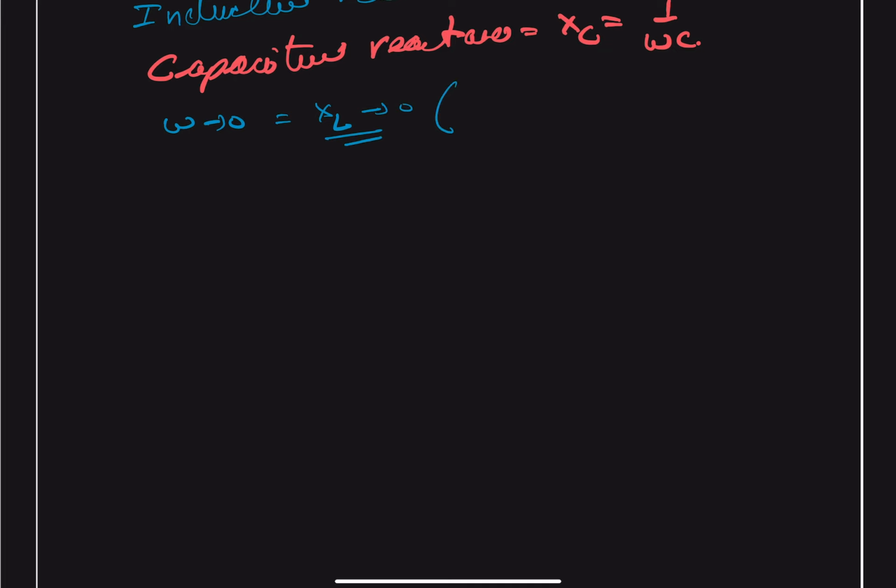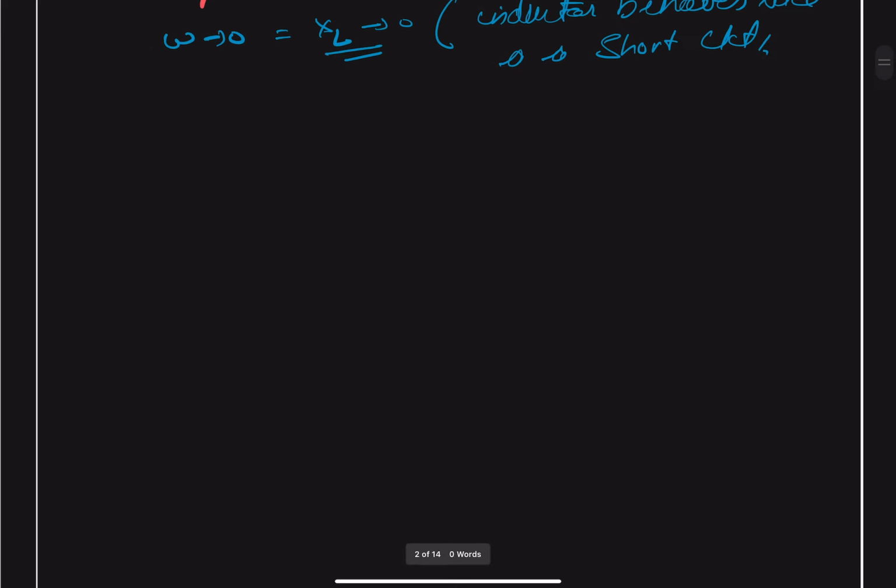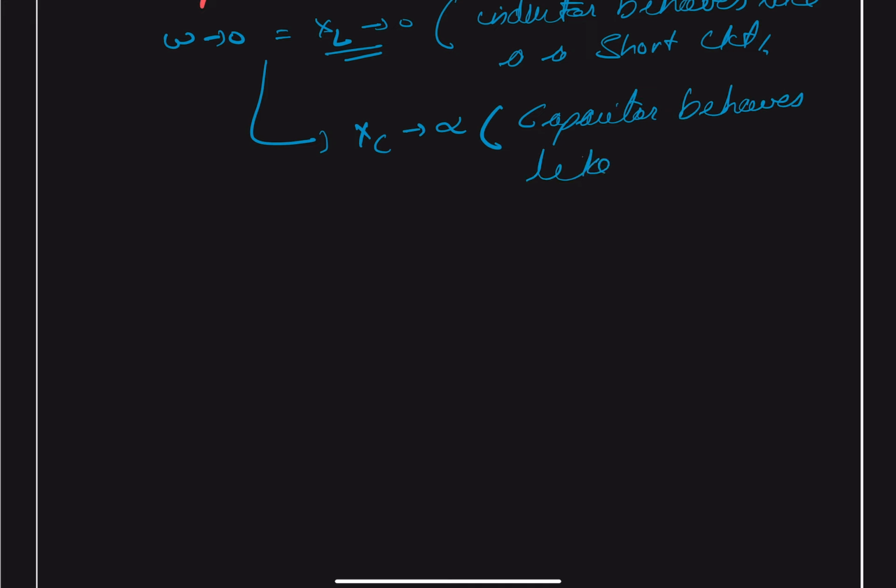So therefore we can say inductor behaves like a short circuit, and under the same condition our XC tends to infinity. Therefore capacitor behaves like an open circuit.